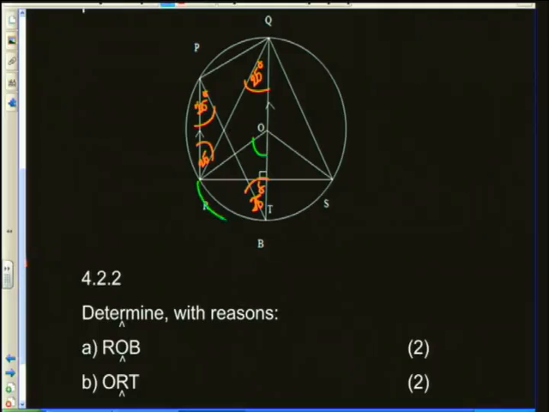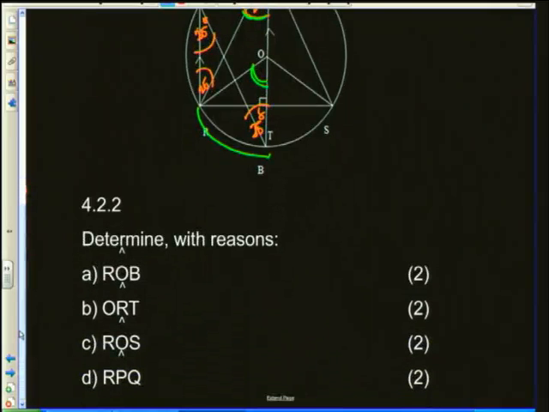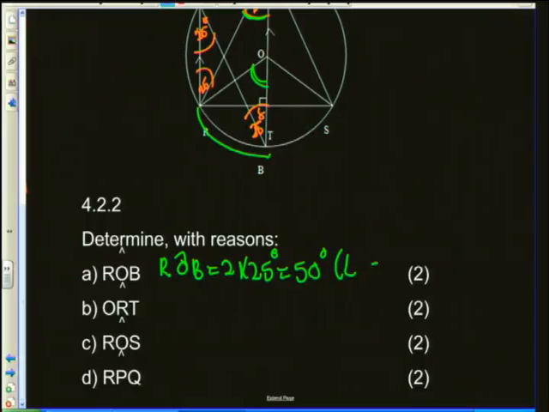If you look at arc RB, it subtends this angle here in green, and it also subtends that one there. So ROB is equal to twice the angle up there. ROB is equal to twice the 25 degrees, which is equal to 50 degrees. The reason would be angle at center is equal to twice the angle at the circumference. So this guy here is equal to 50.